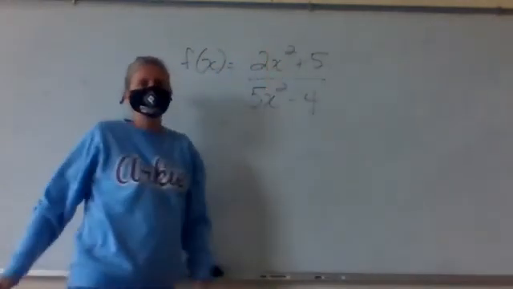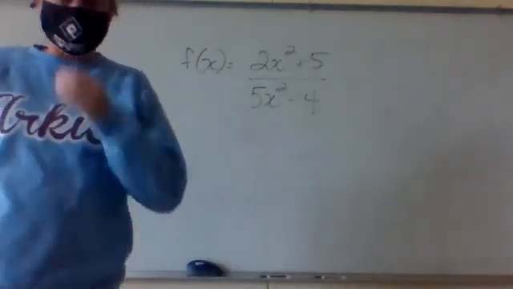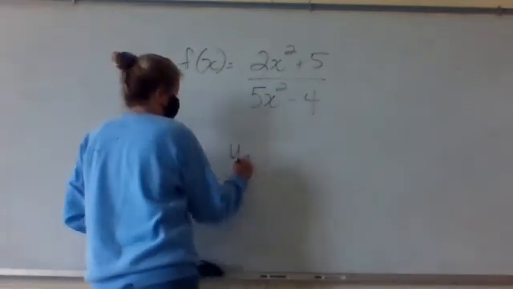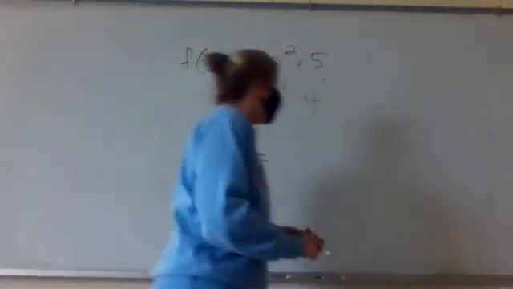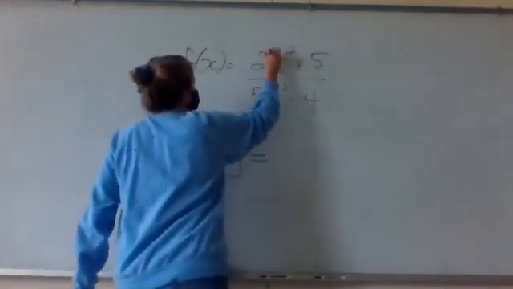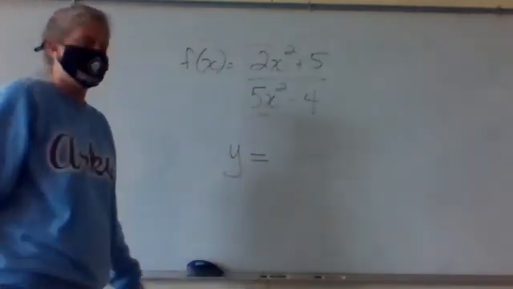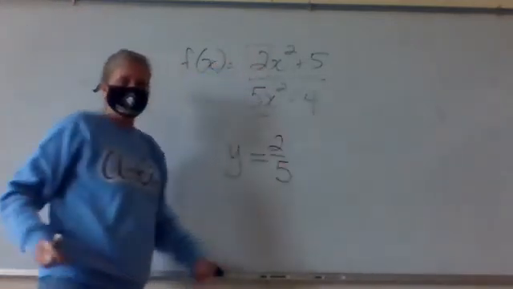They're both x squareds, which means their degrees are equal to each other. So if you went back to that chart, your horizontal asymptote, when the degrees are equal to each other, are y equals whatever your leading coefficients are, the top over the bottom, which means this one will be y equals 2/5.